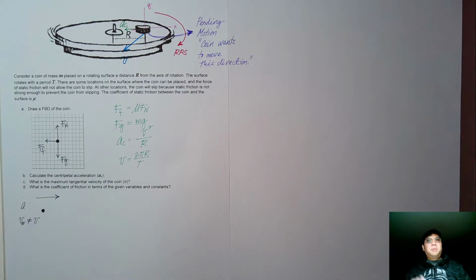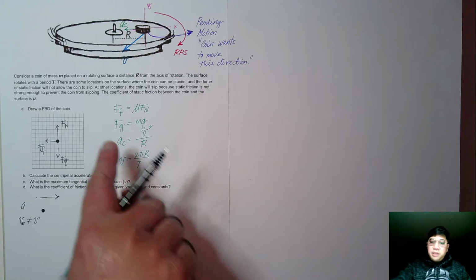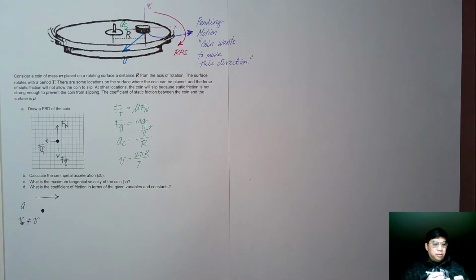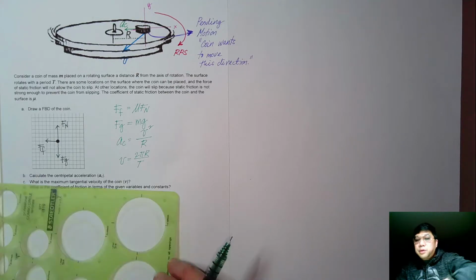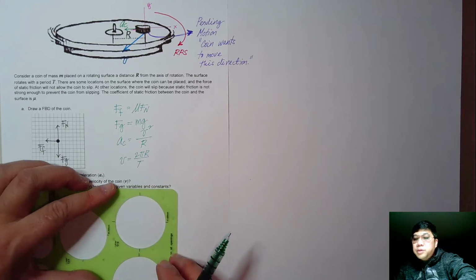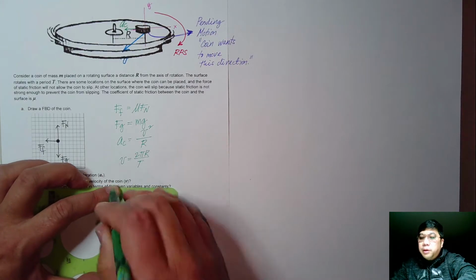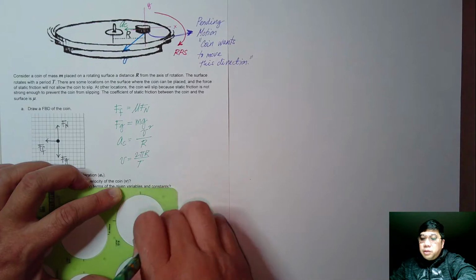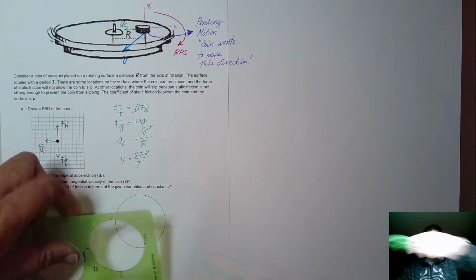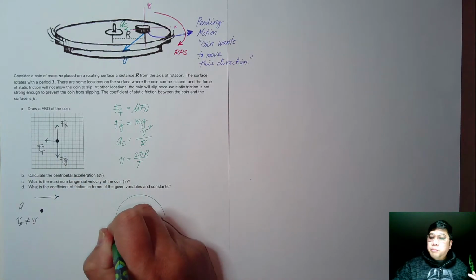Okay. But now the difference is for this object that we are trying to determine, it's moving in a circle. So let's say I'm going to use my template over here to just draw a circle that we need. Okay, so let's say this is my template. So using green to represent the direction or the path of its motion.